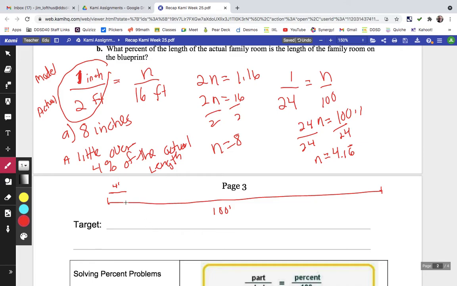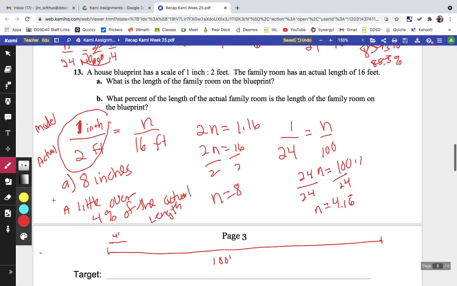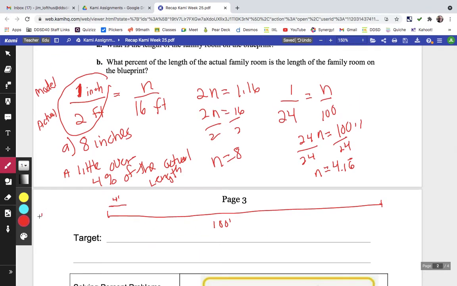So typically houses are like, what was this room, 16 feet? So 16 feet, and 4% of 16 is, let's see, 0.04 times 16 is 0.64 of a foot times 12 is, yeah, so that is about right.